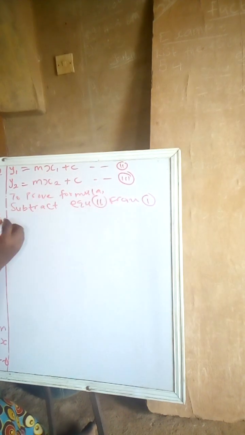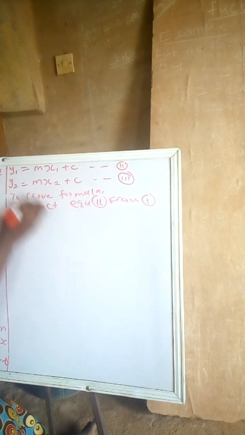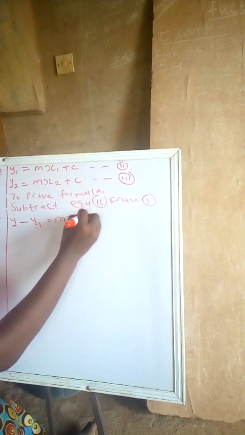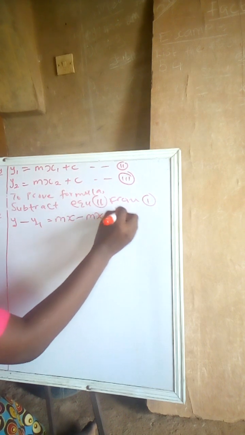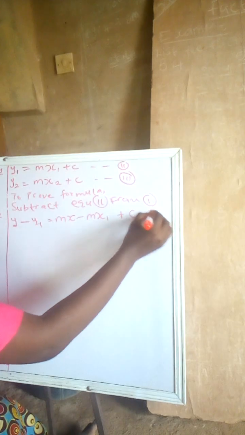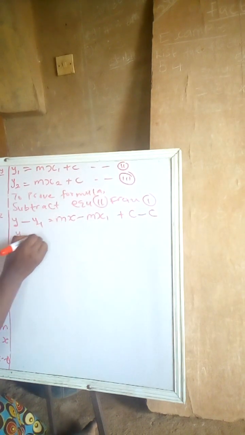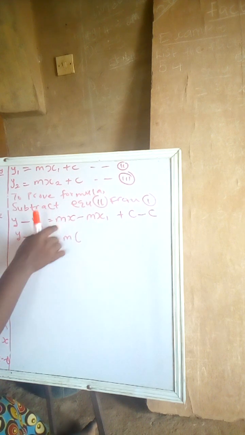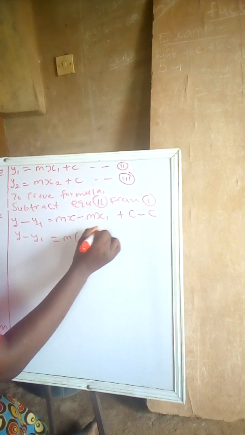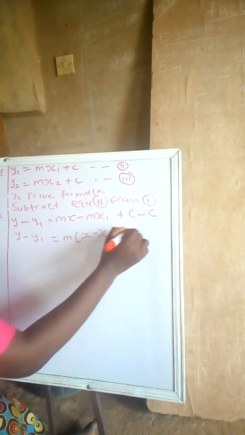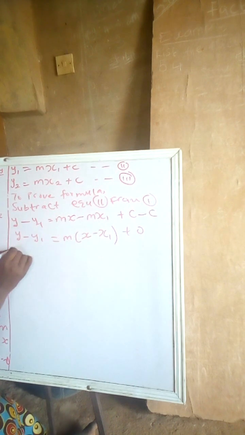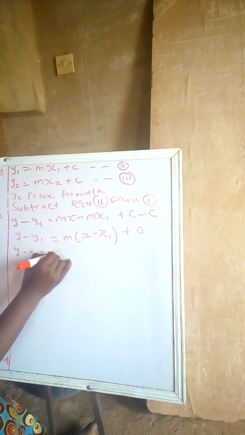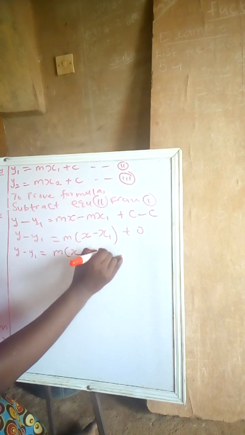So that's y minus y1 equals mx minus mx1 plus c minus c. y minus y1 equals m into, because m is common to them, x minus x1 plus 0. y minus y1 equals m into x minus x1.